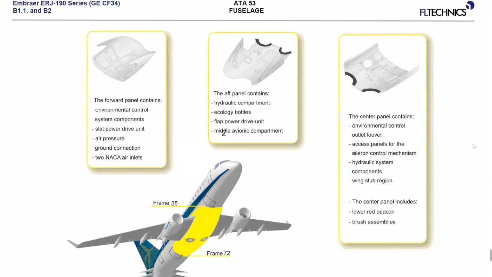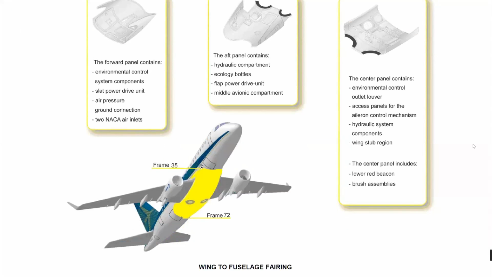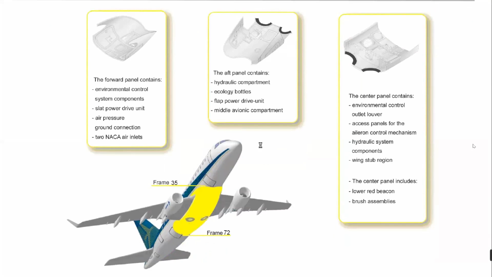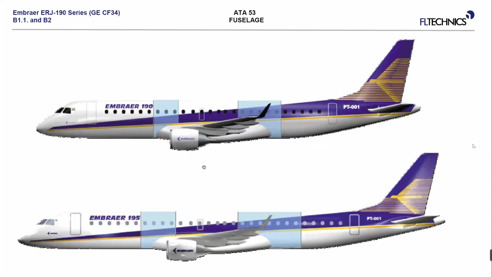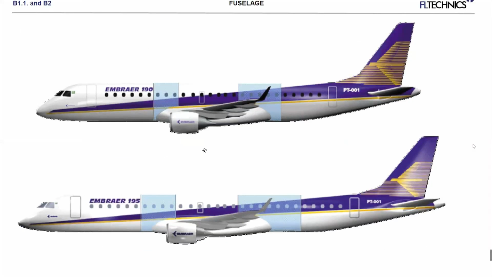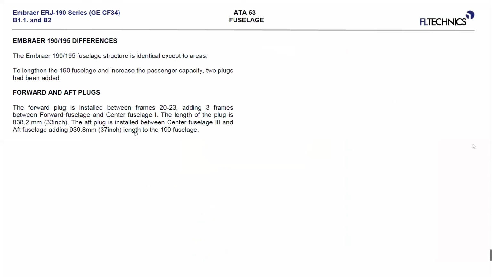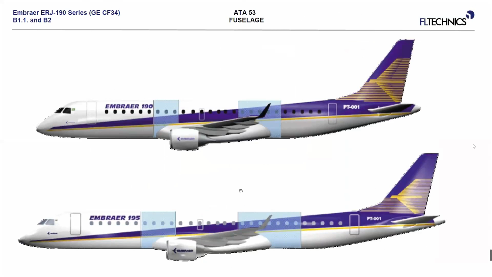And all these three panels are between frame 35 and frame 72. Okay, composite panels, three pieces. The differences between 190 and 195, I already told you. And once again, they're coming from these different plugs, which are increasing the length of the fuselage. You can see here.